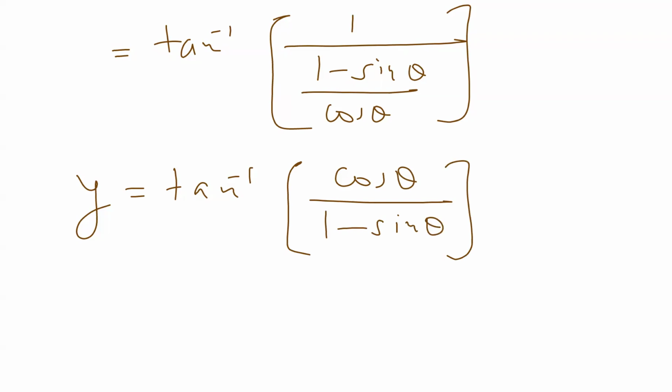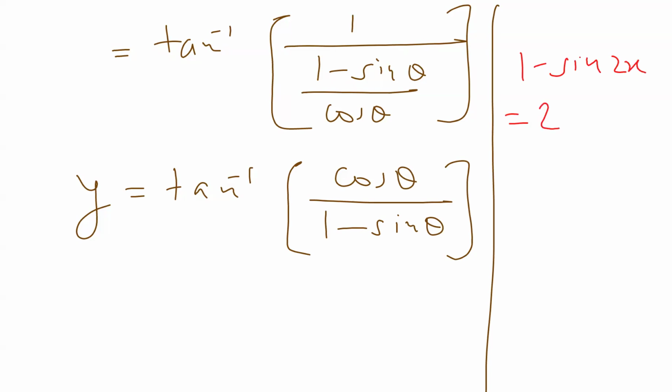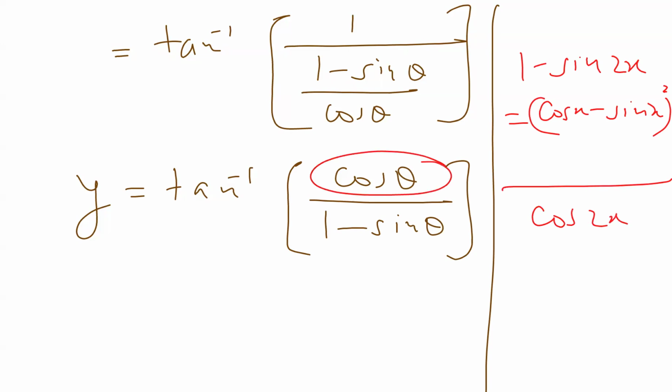So for 1 minus sin theta, we are going to use the formula of 1 minus sin 2x, which is (cos x minus sin x) whole square, and cos 2x. This cos 2 theta is the cos 2x formula, so that is equal to cos square x minus sin square x. Okay, right?